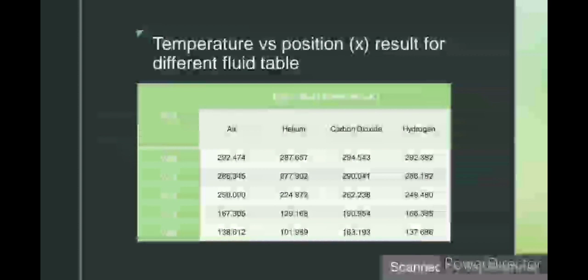But at 0.6 meter, which is the end of the duct, there is a big gap between helium, which has 101.989 Kelvin, which is the lowest temperature at the end of the duct, and carbon dioxide, which has 163.194 Kelvin, which is the highest temperature at the end of the duct.